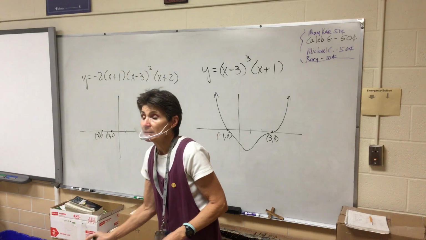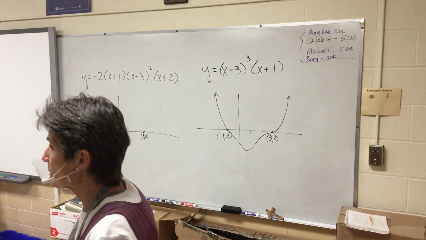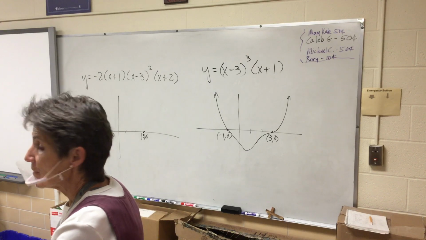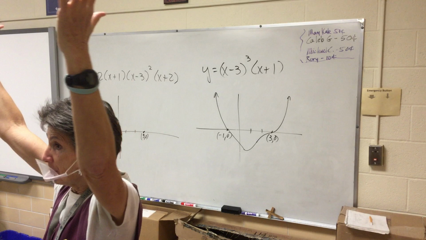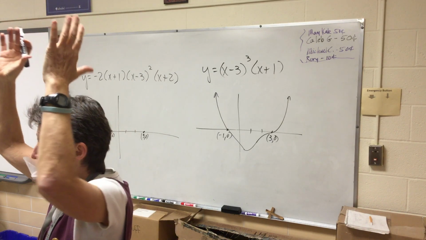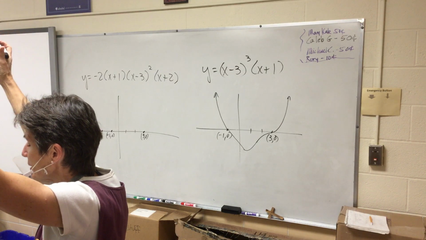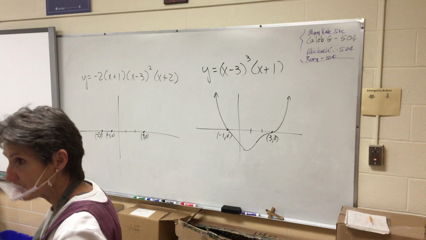Now, gang, if you were going to multiply this all out, how many X's would there be? 4. That's even. Evens are up. But wait a minute, there's a negative in front of it. So instead of being up, it's turned upside down, and now it's down.